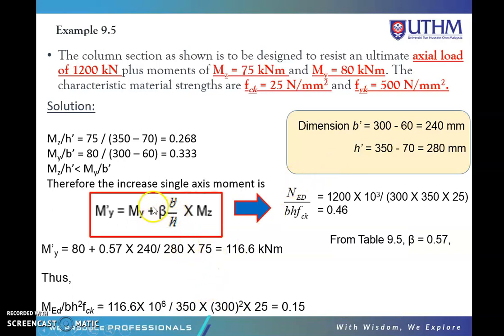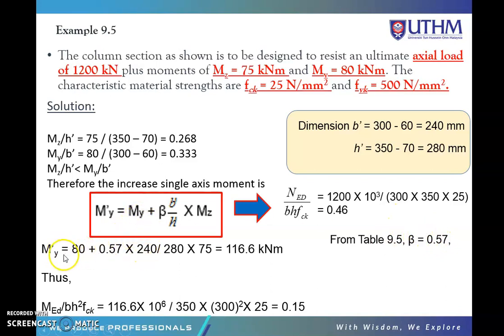Okay. So to proceed with this, we need to find the beta first. In order to find the beta, we need to find the value of this one. So from the table, this value, we got the beta 0.57. Okay. So by using this value, we substitute in this equation.